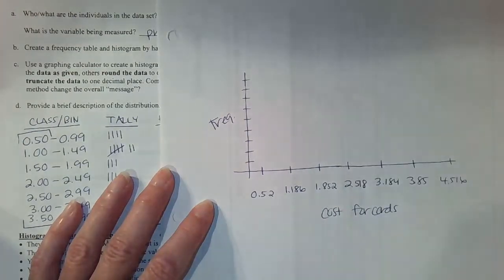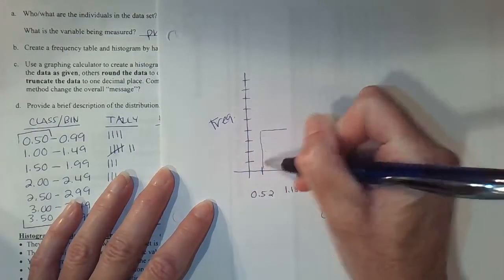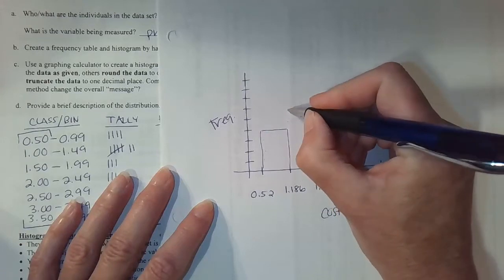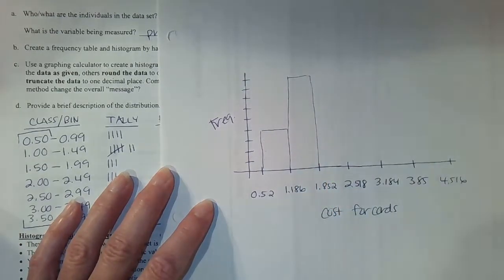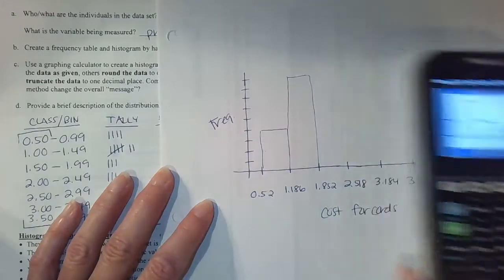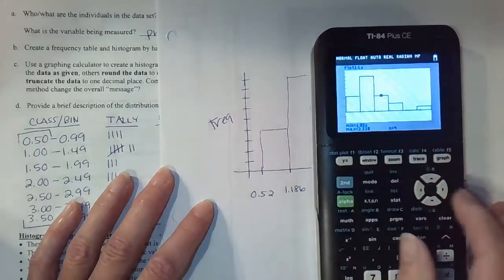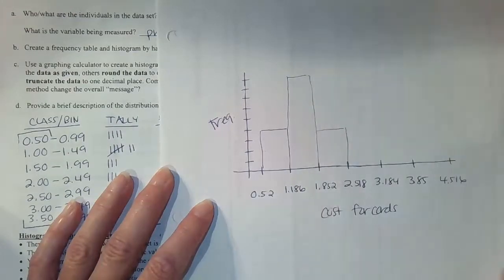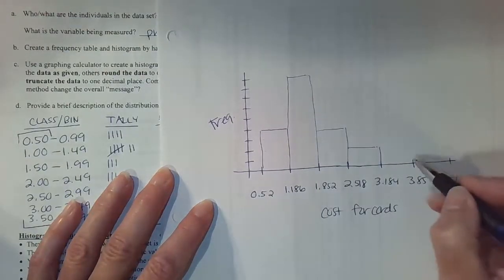The second bar is 9. 1, 2, 3, 4, 5, 6, 7, 8, 9. The next bar is also 4. The next bar is 2. Then there's a gap. And then we have a bar of only 1.